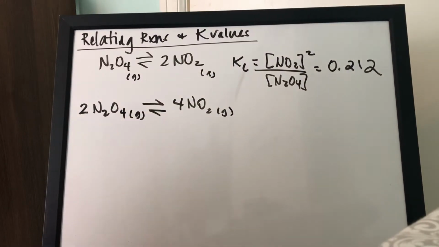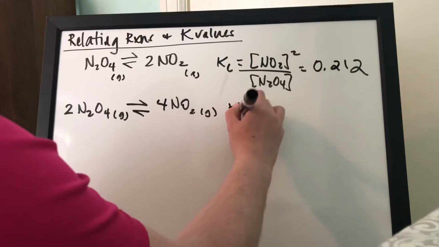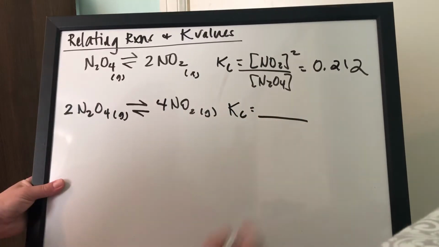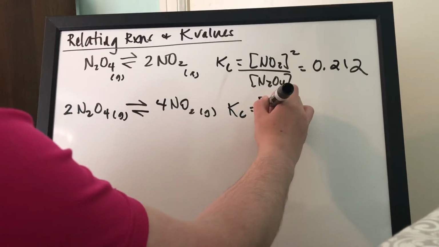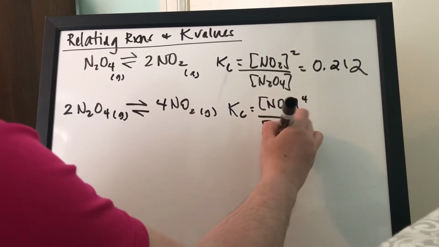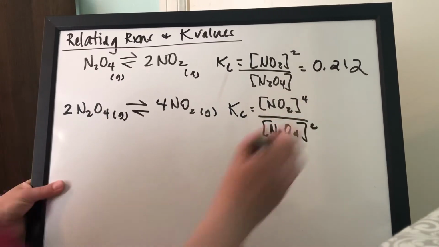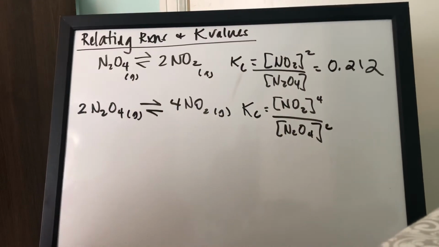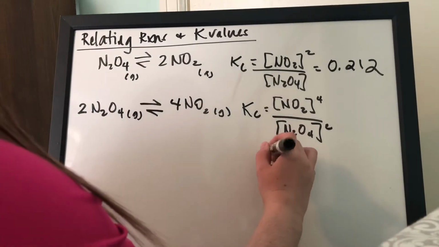they're the exponents. So if we wrote a Kc for this, and some of you might see this rather quickly, my placement of my reactants and products are still the same, but their exponents are different. Okay, and you might be able to pick up on the fact that I could rewrite this to look something like this.